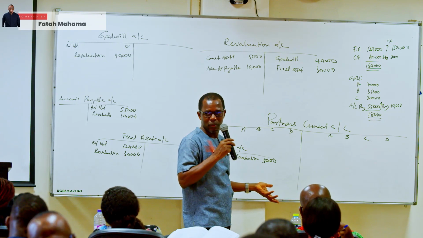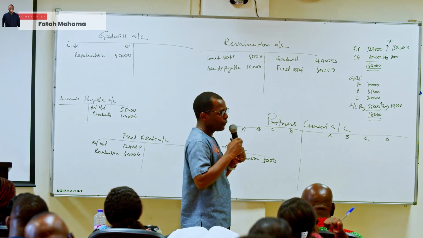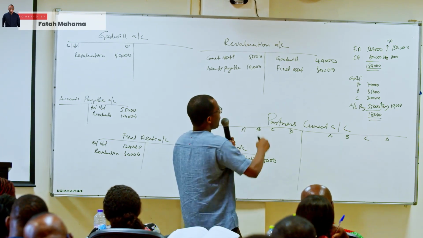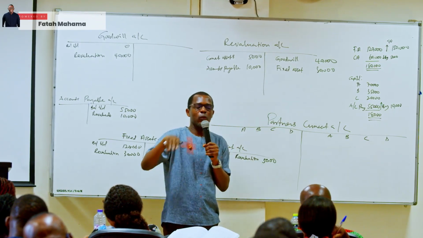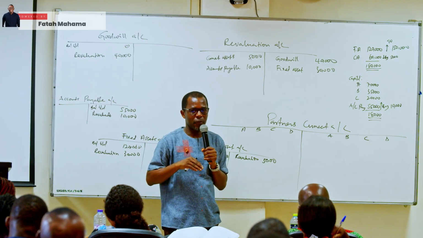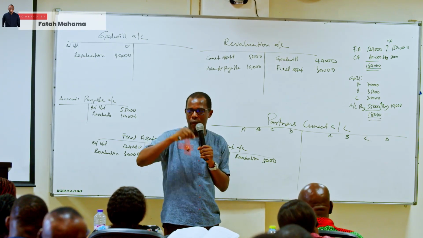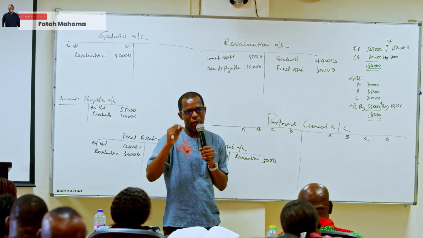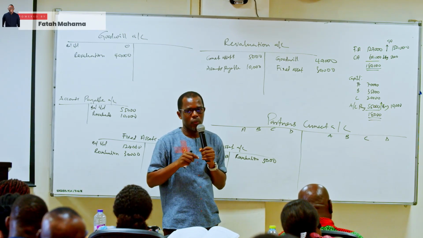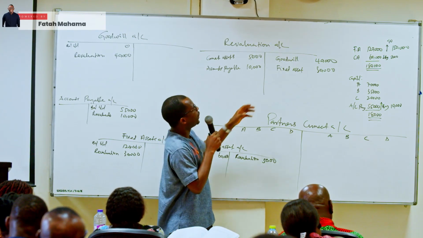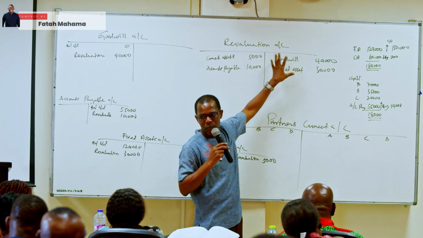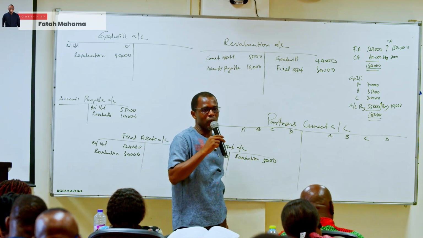Is that not it? So that 55,000, which is the balance of this account, will be shared between the existing partners in their current profit and loss sharing ratio before they admit the new party, because they created these values and they must benefit from it before the new partner comes.